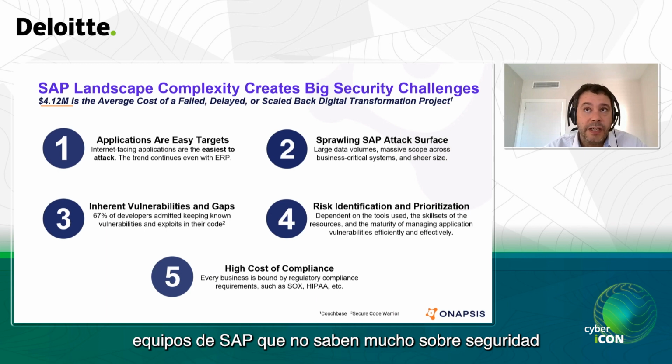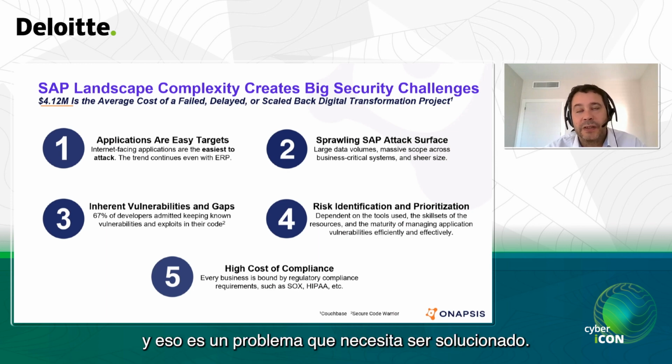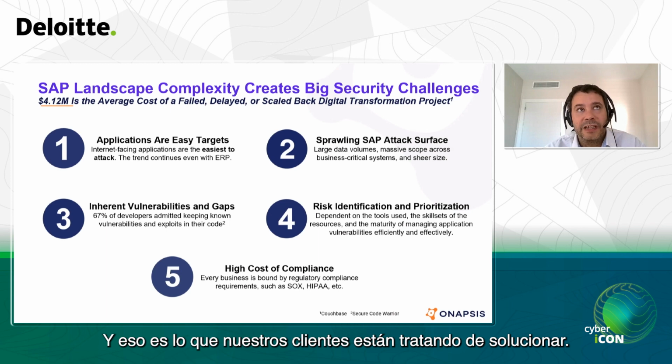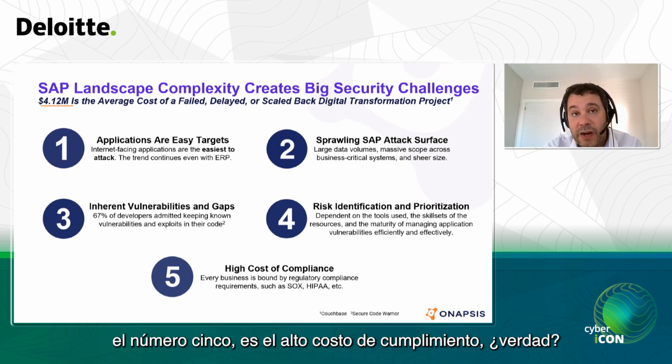SAP teams don't know much about security, and security teams don't know much about SAP, and that's the problem that needs to be fixed, and what our customers are trying to fix. It's the main problem.